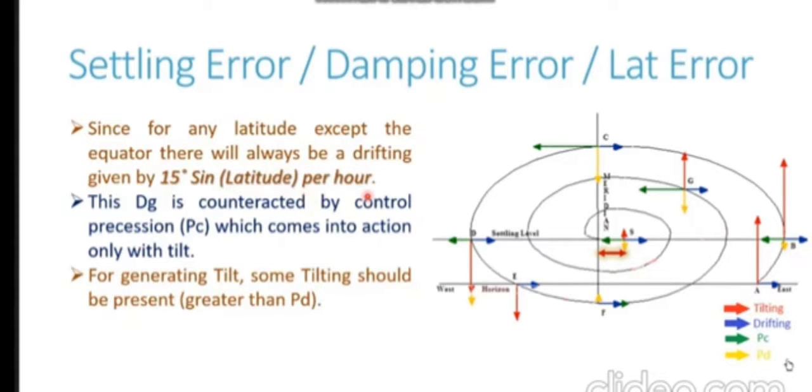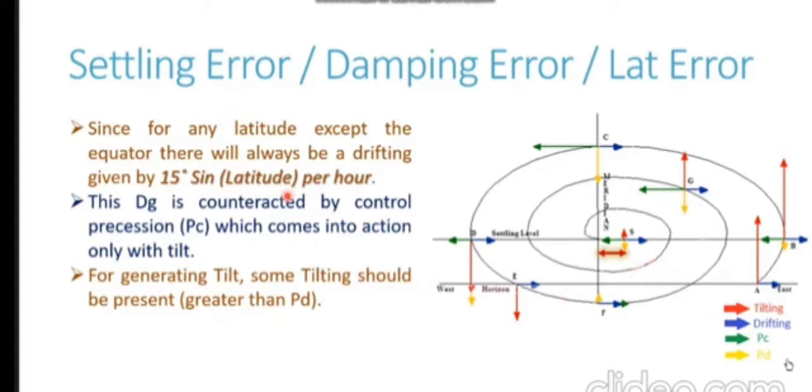And you can check from the formula also that at the equator, where latitude would be 0, the value of drifting is going to be nil. There will be no drifting at the equator. But if you are on any other latitude other than the equator, in the north or south hemisphere, there is going to be some drifting value as per the formula.